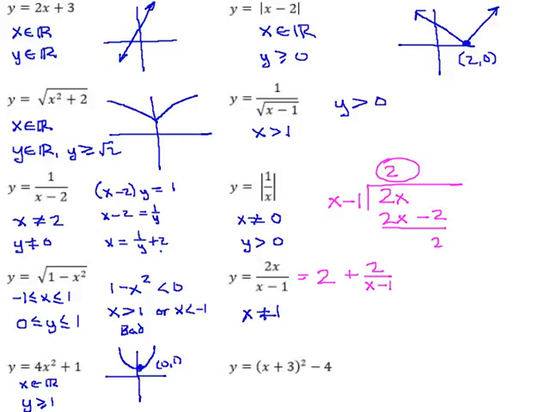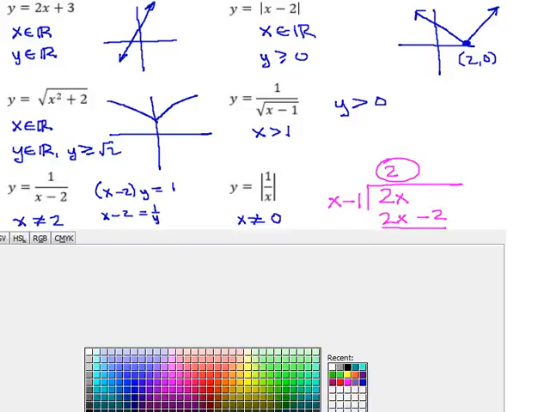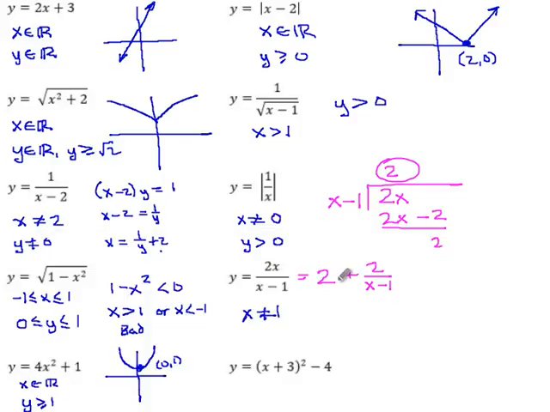There we go. If you look at it this way, you can still see that x can't be 1. We knew that already. But now we can also look at what y values are not allowed here. If we start with y equals 2 plus 2 over x minus 1, subtract 2 from each side.